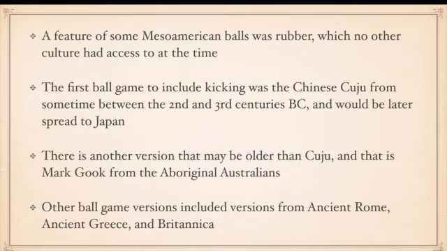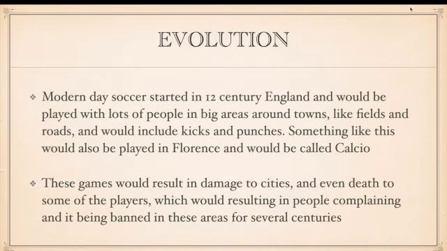There is another version that may be older than Kuju, Mark Gok or something, from the Aboriginal Australians. The ball game versions also included versions from ancient Rome, Greece, and Britannica.